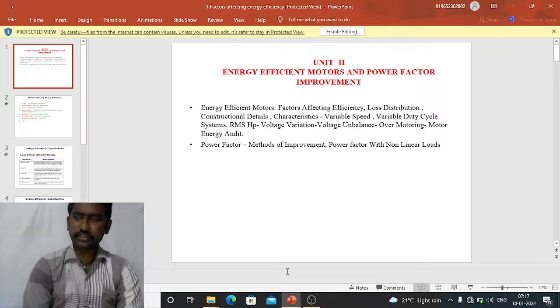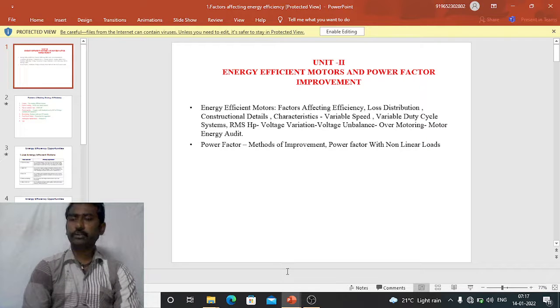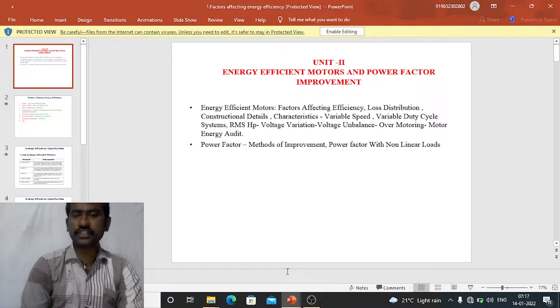So in this video onwards we will see our unit 2, energy efficient motors and power factor improvements. The contents present in unit 2: first, energy efficient motors.